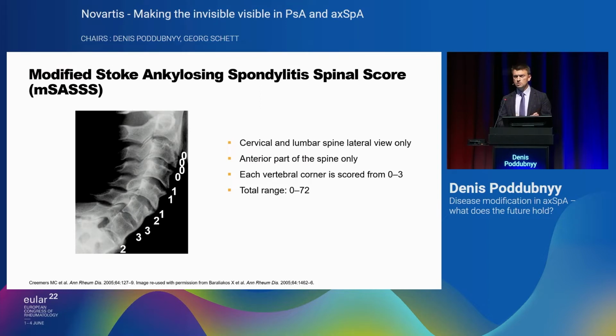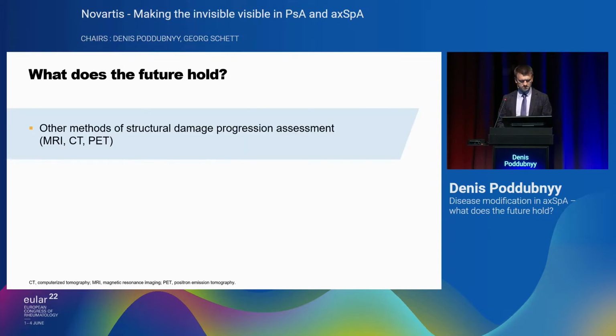Because here we look only at anterior corners of cervical and lumbar vertebrae, so we completely ignore lateral segments, posterior segments. We ignore other structures like facet joints, costovertebral, costotransverse joints. So we believe that mSASSS is a good proxy for the structural damage in the entire spine, but it might not be true in all the cases.